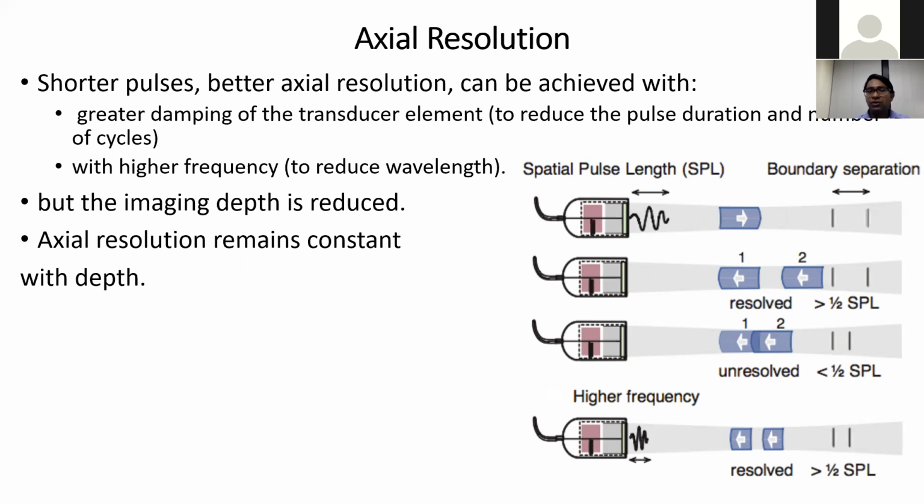However, if you transmit only half a cycle, the amount of energy that you're insonifying the medium with is very limited, and so that will give you a very poor signal to noise ratio for the signal that you get back. So spatial pulse length basically defines the axial resolution, and the axial resolution remains constant with depth. It's not a factor of depth.